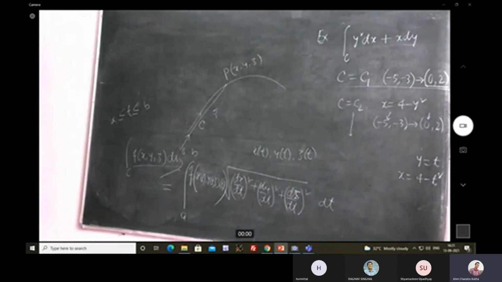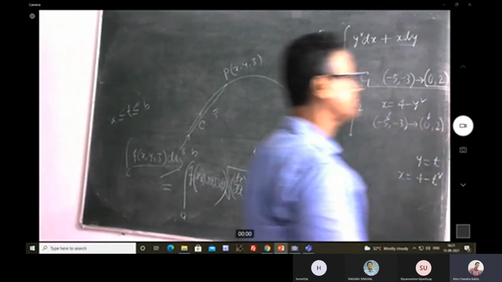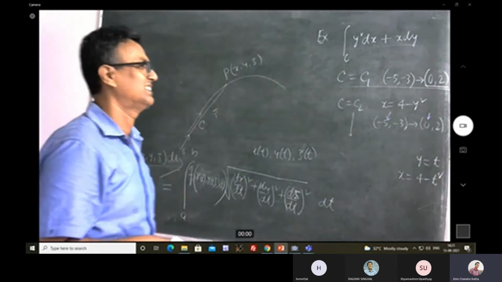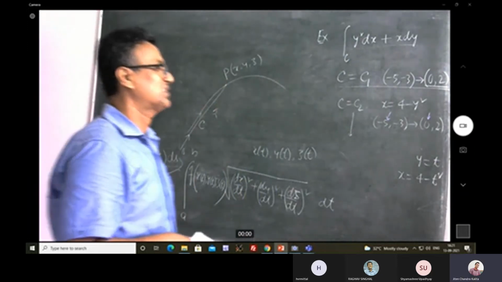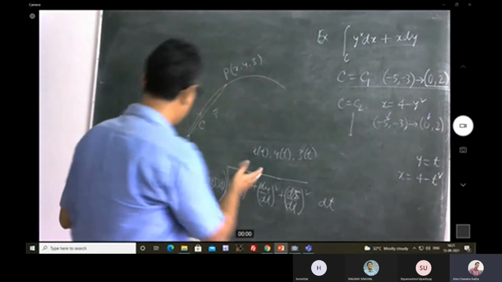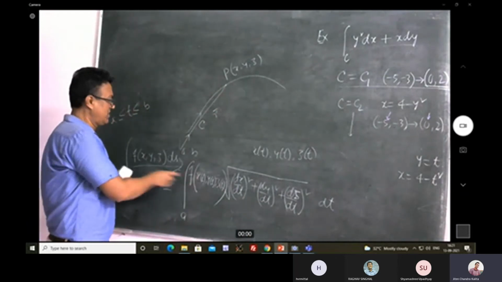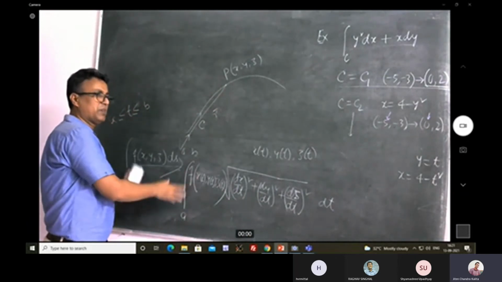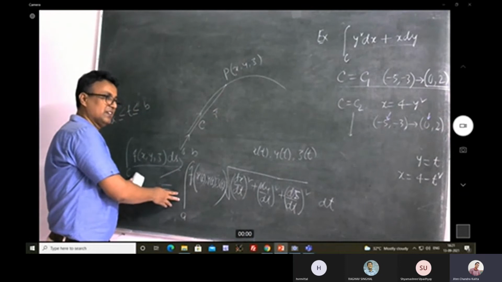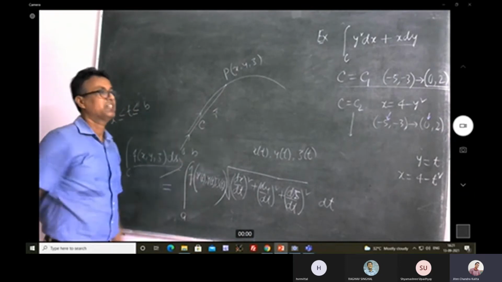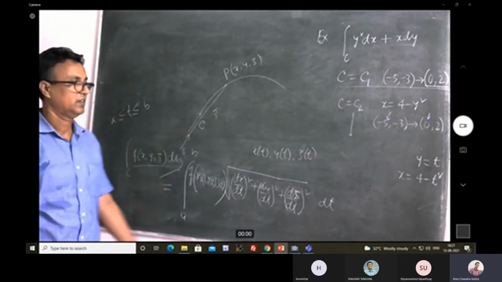Let us just try to work out one example. I think it's pretty straightforward. I don't have to work out any example, right? You will be given a function f, you simply parameterize it, and then just plug in this. It is pretty mechanical.